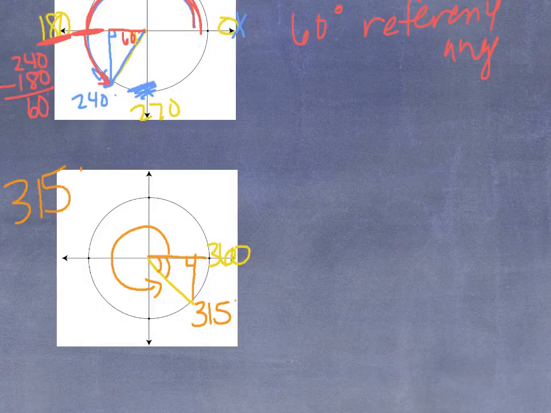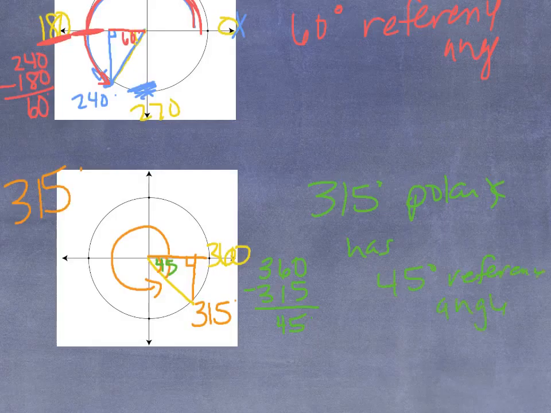We can use a similar strategy as before. We almost went the whole way around, but not quite. So instead of doing the 360 degrees, I'm going to subtract off the 315 degrees that we did do, and that leaves a 45 degree reference angle. So a 315 degree polar angle has a 45 degree reference angle.